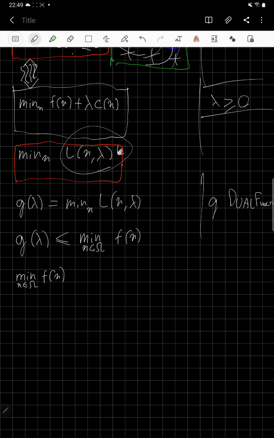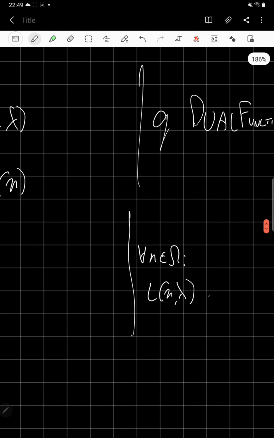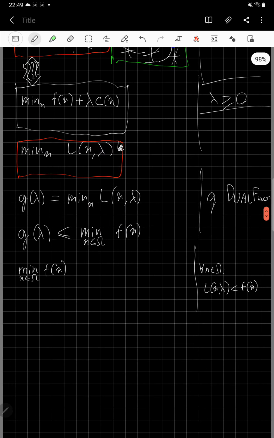And that's precisely going to be lambda. Remember that if x is in the feasible set, then the Lagrangian is going to be smaller than f of x.